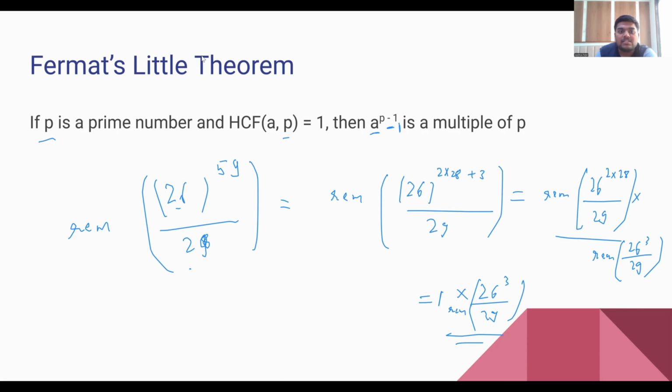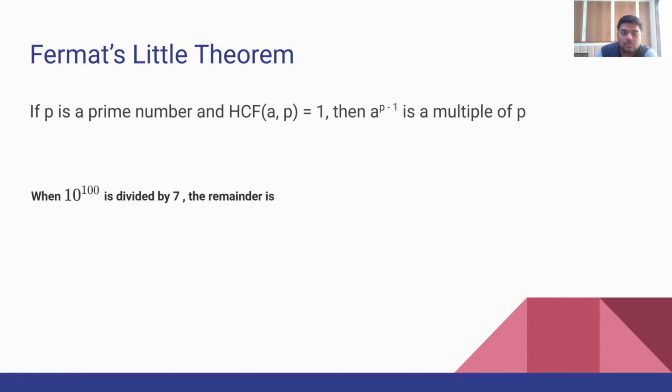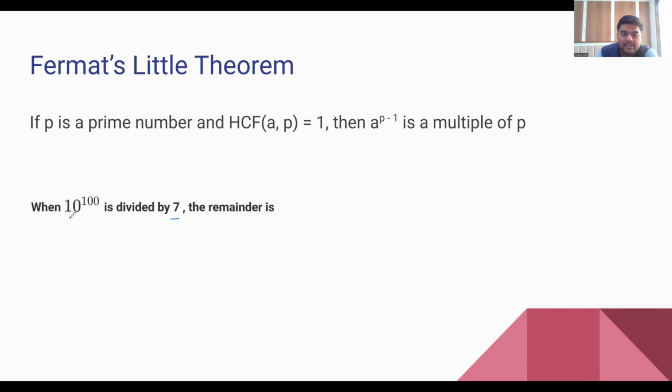Now let us look at some CAT 2024 questions which were asked based on this theorem. So 10 to the power 100 divided by 7 and we have to find the remainder. So 7 is a prime number and its HCF with 10 is also 1.